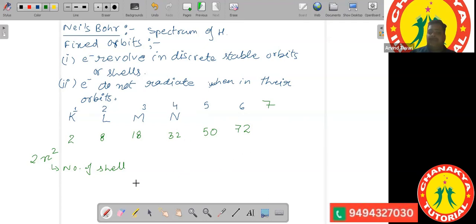Now there is a small question, and let's see who can answer from all of this what we have studied. So there is an atom. An atom has four electrons in the fourth shell. You have to tell me the total number of electrons that it has.